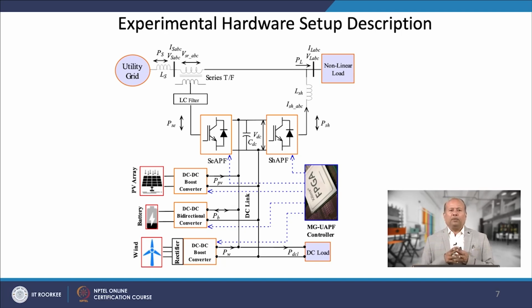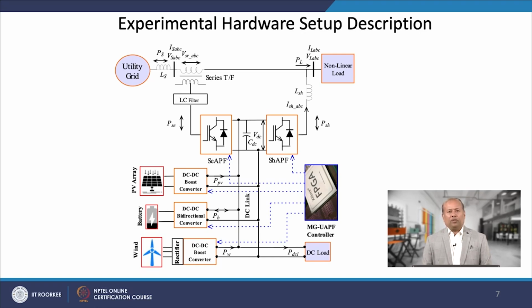For microgrid utilization, the emulated renewable energy sources are connected at the DC link with DC-DC boost converters. In addition, the battery is connected to the common DC link through a bidirectional DC-DC converter, to tackle the dynamics in the renewable energy sources by charging or discharging.